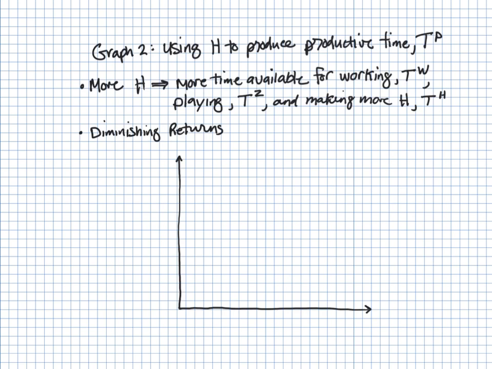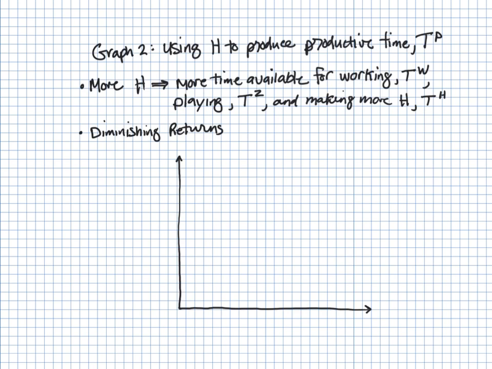And so the other time is going to be spent either working, TW, playing, which we call TZ, or making more H, which is called TH again. Another key feature of this graph is going to be diminishing returns. So we're going to show that as we produce more and more H, the additional productive time we're going to get is going to be decreasing.